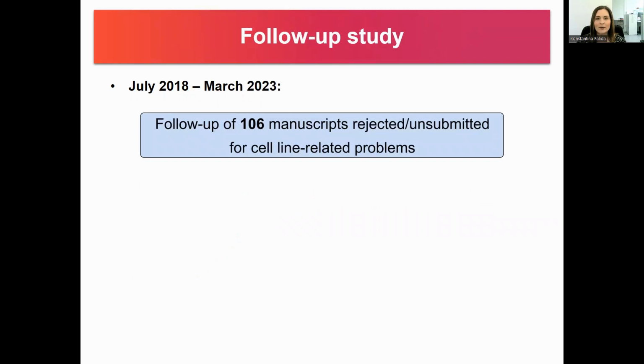In order to explore whether manuscripts rejected at the International Journal of Cancer with severe cell line-related problems are subsequently published elsewhere, we followed up 106 manuscripts that contained a large amount of data based on misidentified cell lines.